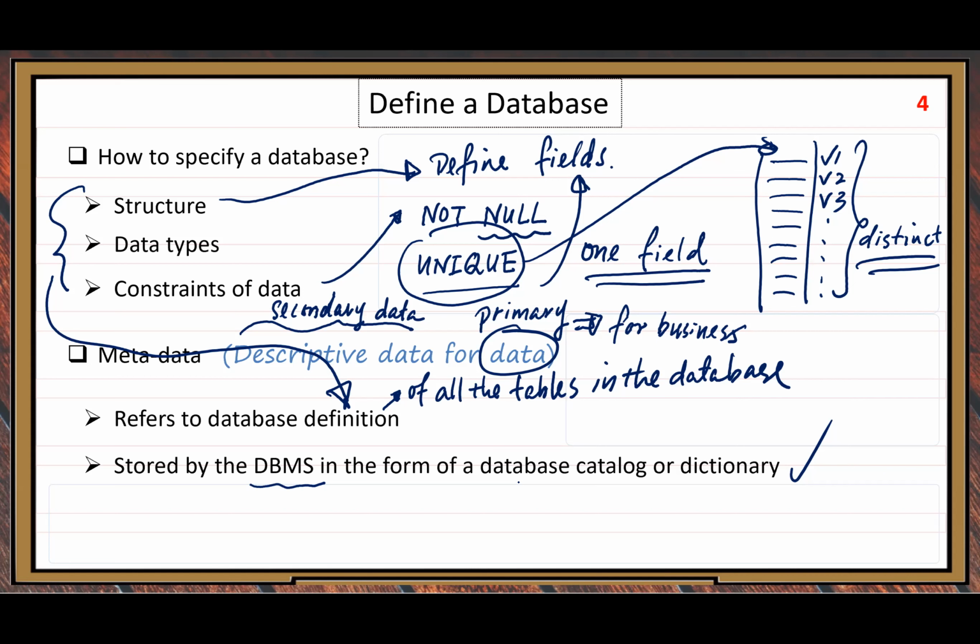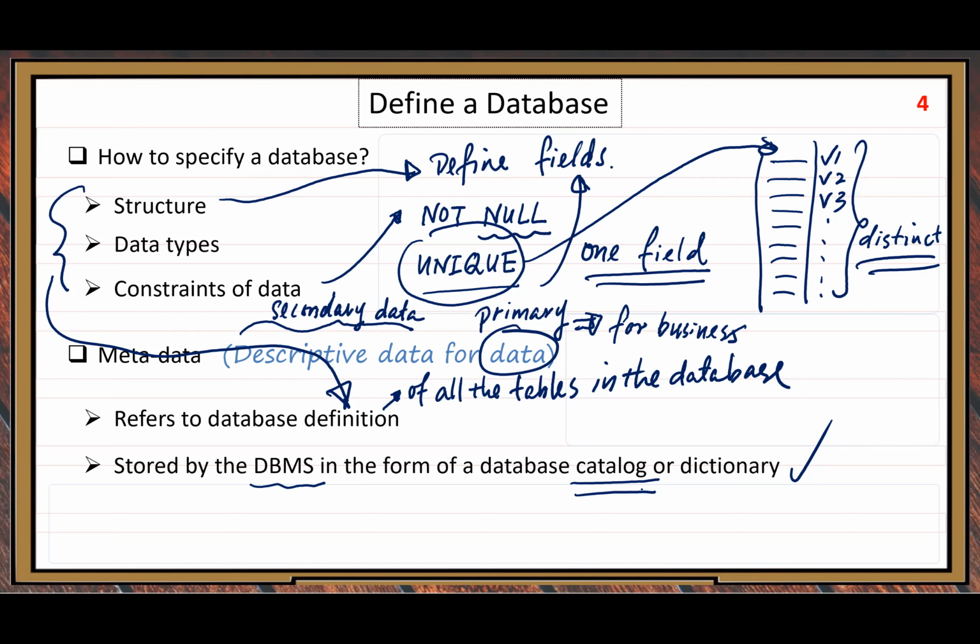Because when you store, you need to store in a special form, right? Here, there is a concept called a catalog. Database catalog. So, the general catalog, right? Here, database catalog is similar to the general catalog because we want to list our databases one after another in an organized way.